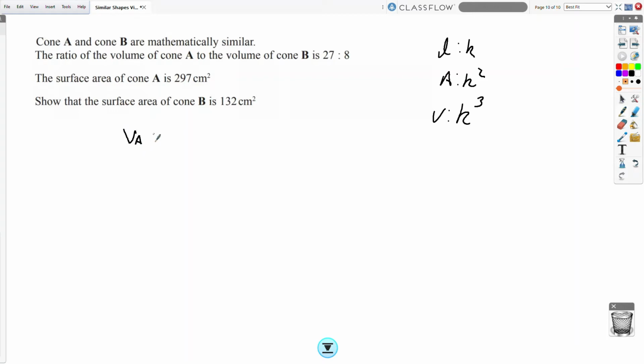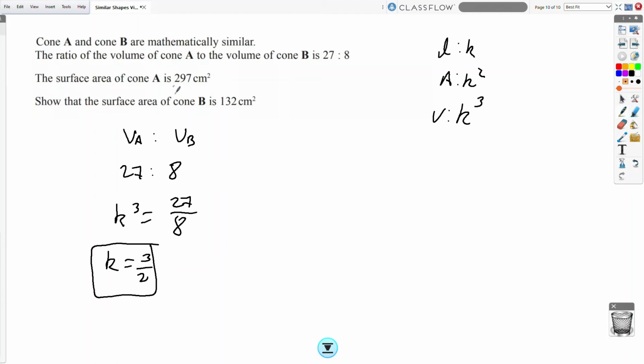So volume of A to volume of B is 27 to 8. So that must mean the scale factor k cubed is equal to 27 divided by 8, since the ratio is just another way of representing a fraction. So we cube root to find k, which is 3 over 2. So that's the scale factor.